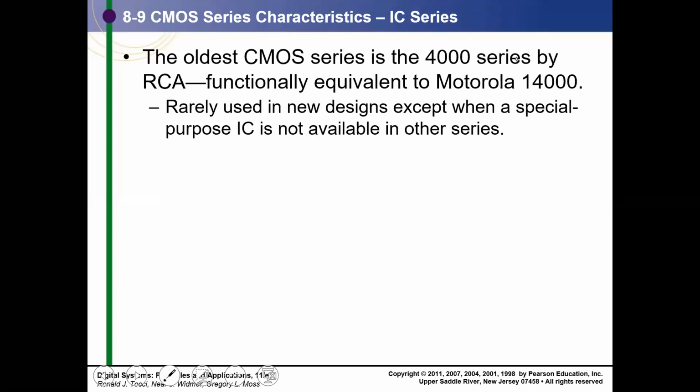The oldest CMOS series is 4000 series, and this used to be by RCA. And another popular series is 14000 series from Motorola. For TTL series, 74 series is the most popular commercial series, and 54 series is for military operations.